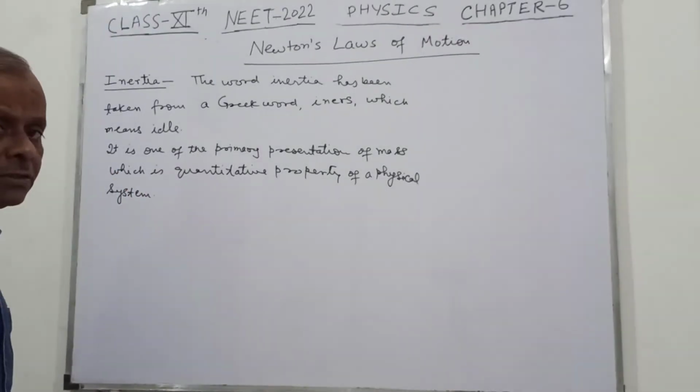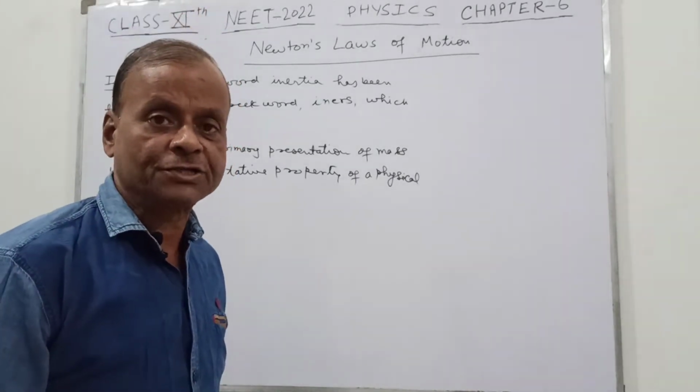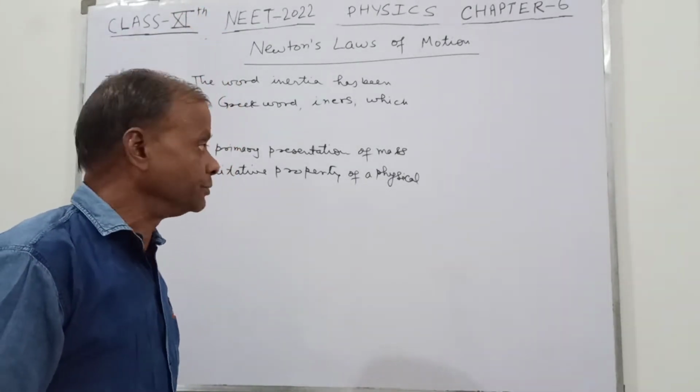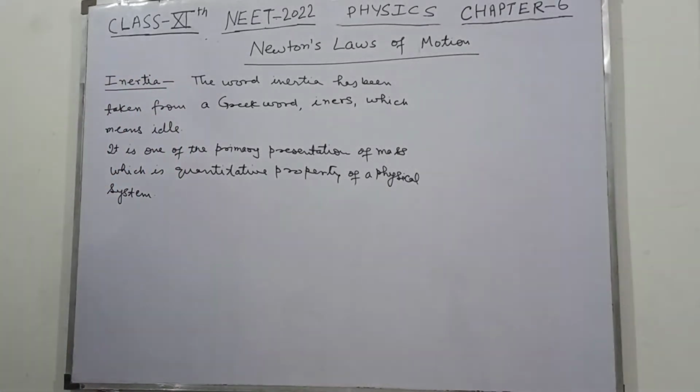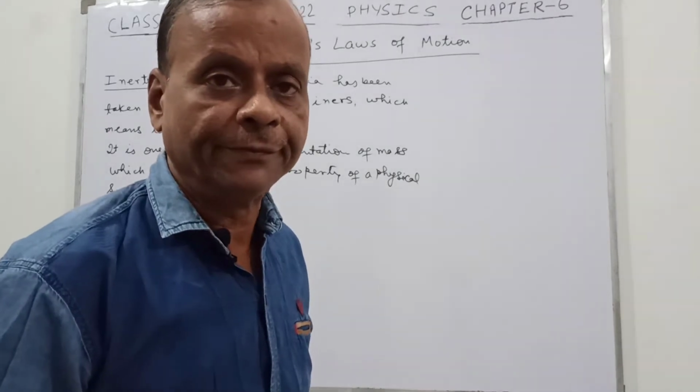A physical system is what? The body, the object, which is either at rest or in uniform motion. So this inertia is mainly related to the mass of the body.